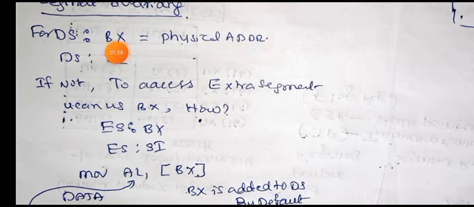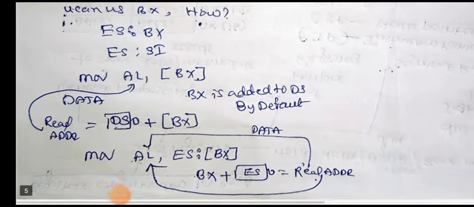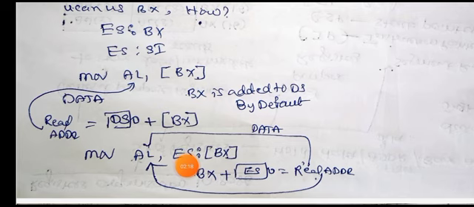Suppose here, by default, the BX and SI registers are used with the DS register. If I want to use the BX register with the extra segment, then what you have to write here is ES colon BX, ES colon BX.